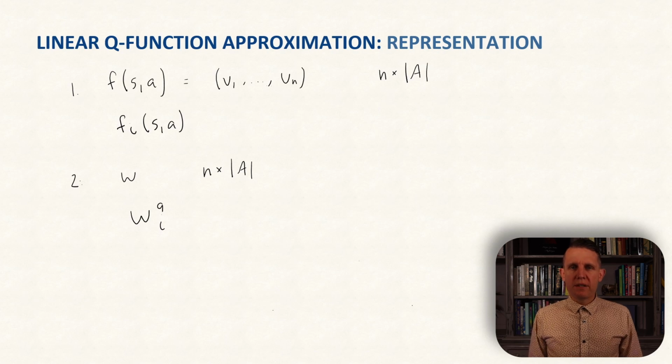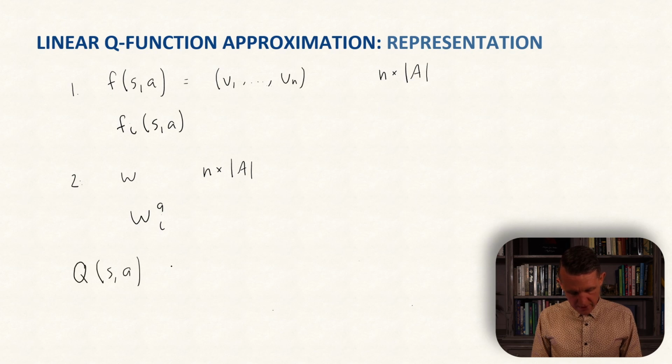So we have the feature vector and we have the weight vector. How does this help us represent Q functions in reinforcement learning? Well, what we say is that for a Q function Q, the Q value of state action pair (s,a) is simply the weighted sum of the feature values multiplied by their weights.